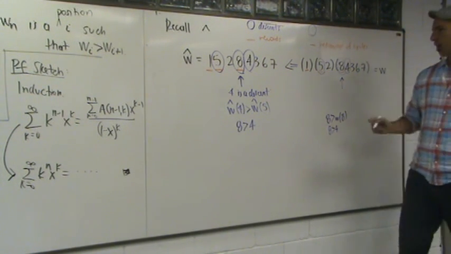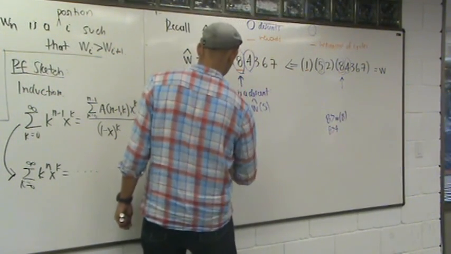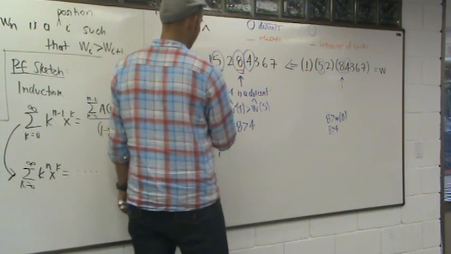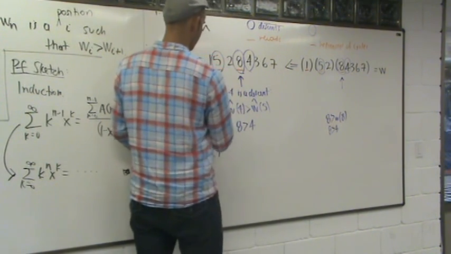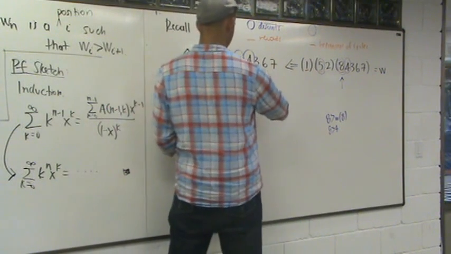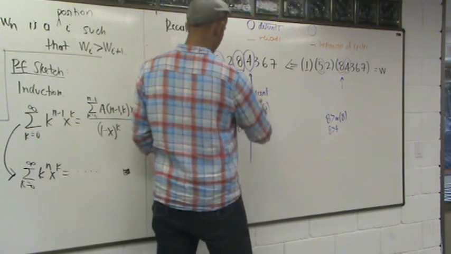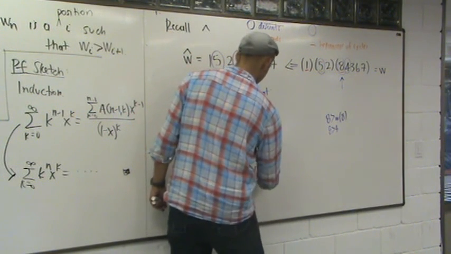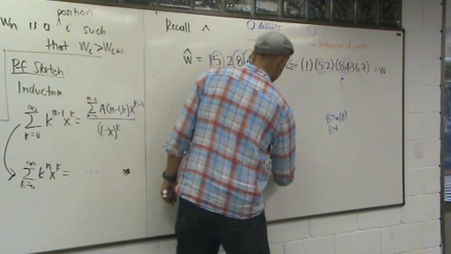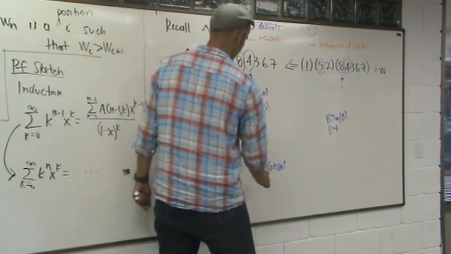So, here, 2 is a descent. It's very unfortunate that the 4 and the 4 get in the way here. So, maybe let's do this one. So here, the fifth position is a descent. Because why? Because 4 is bigger than 3.